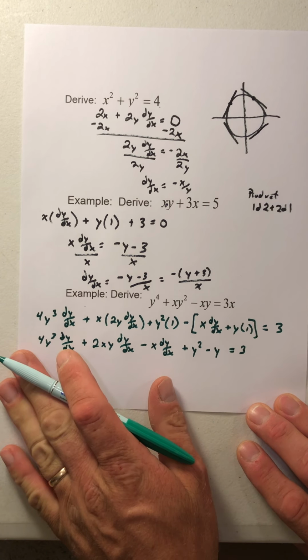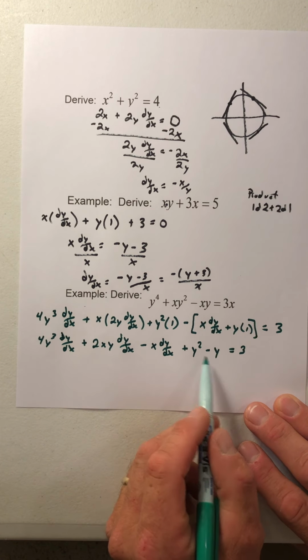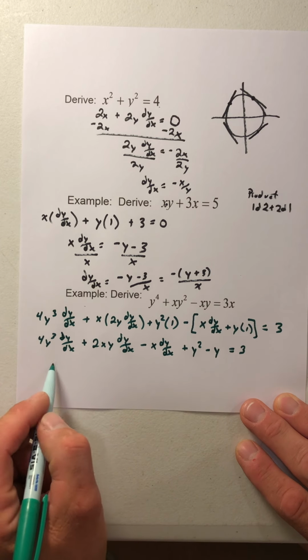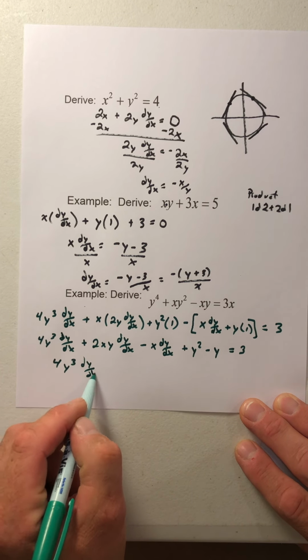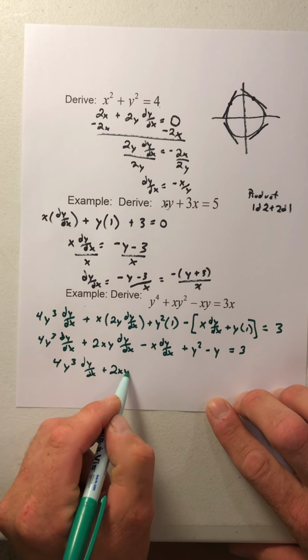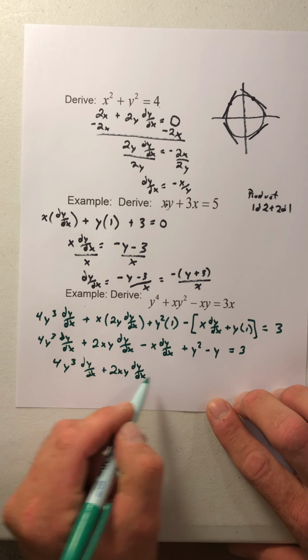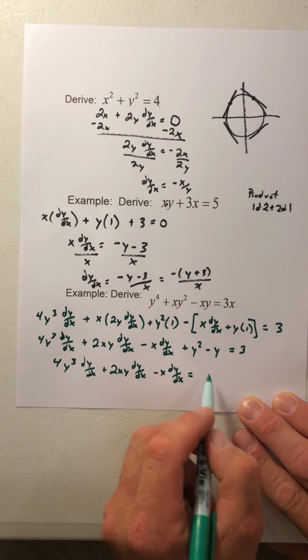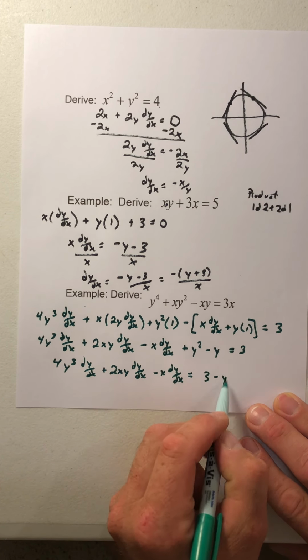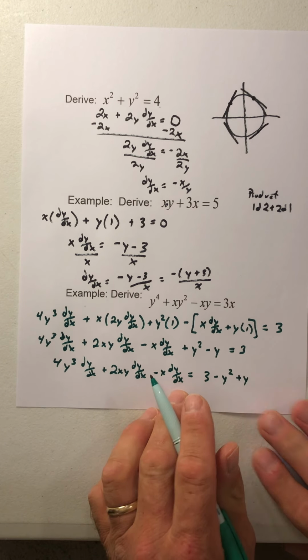I'm going to leave my dy/dx's on the left side and bring everything else to the right. So this y squared minus y is going to go over. So I get 4y to the third dy/dx, plus 2xy dy/dx minus an x dy/dx, and that's going to equal 3 minus y squared plus y.